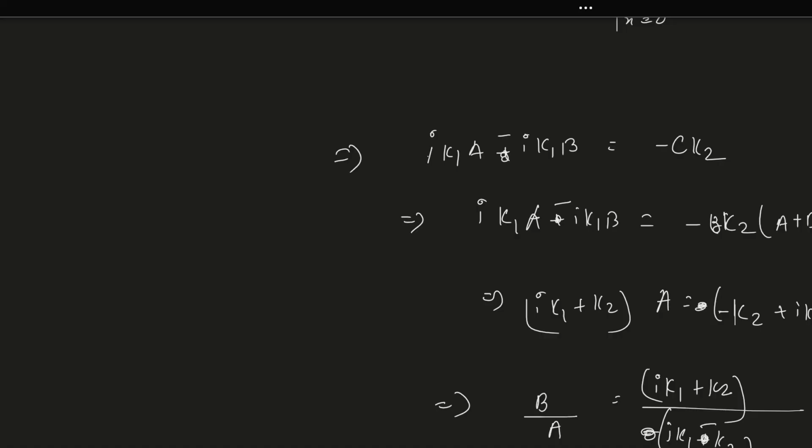If you take the whole mod square, then it is i k1 plus k2 whole mod squared divided by i k1 minus k2 whole mod squared. This is k1 squared plus k2 squared divided by k1 squared plus k2 squared, which is equal to 1 when E is greater than V naught.